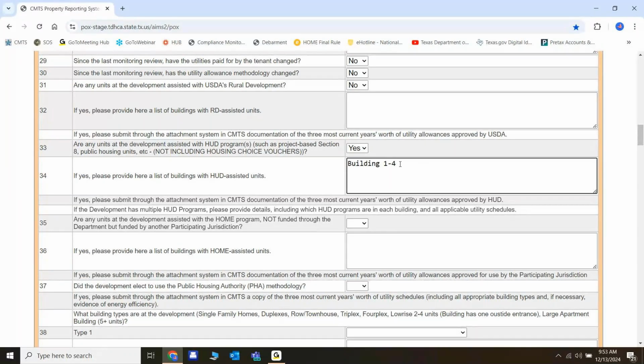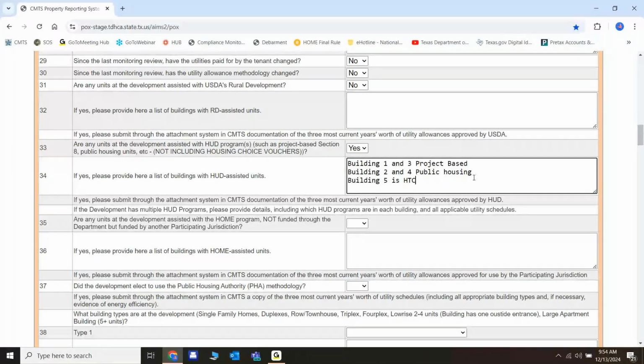So we do run across HUD programs where it says, like, building 1 and 3 are project-based, and then buildings 2 and 4 are public housing, and then building 5 is housing tax credit.